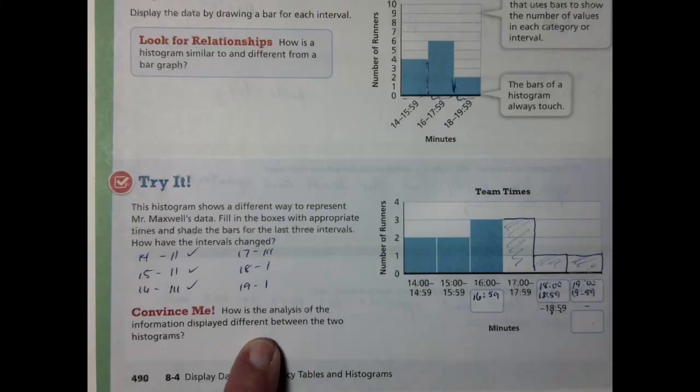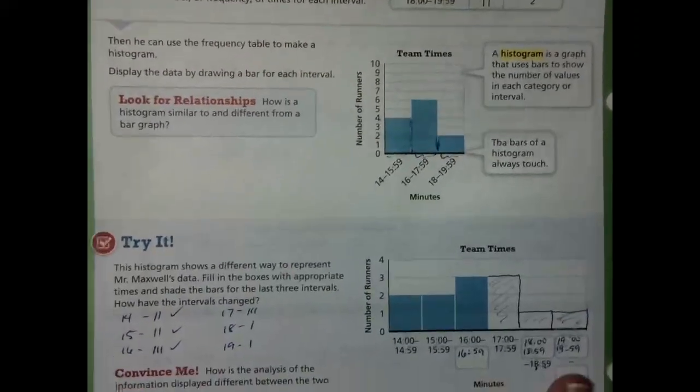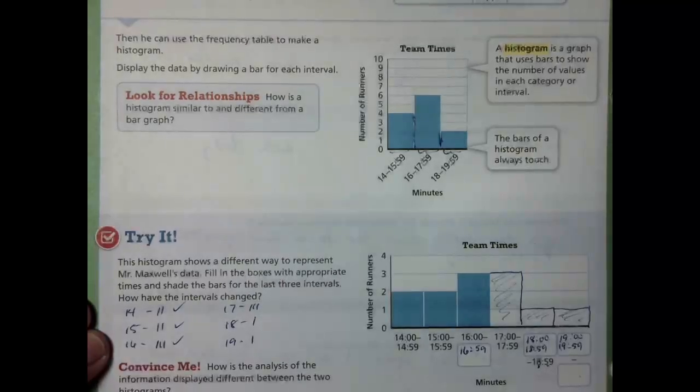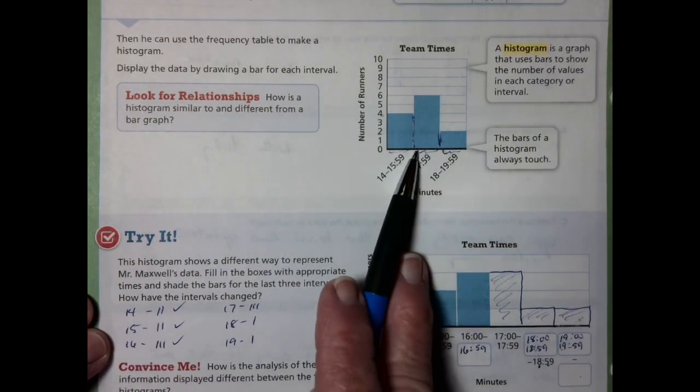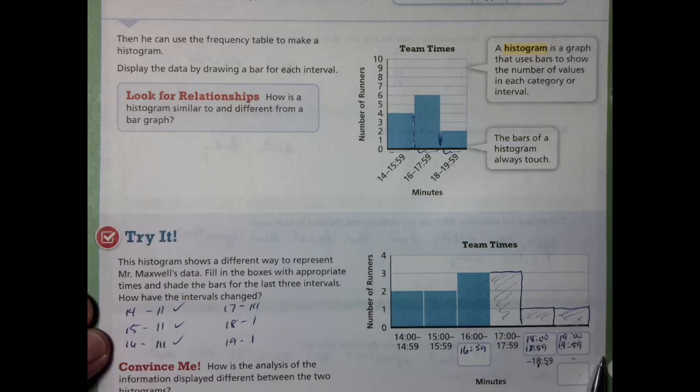Okay, it says, how is the analysis of the information displayed different between the 2 histograms? All right, so how do these look different? It was grouped into 3 groups here. It's 6 groups here.